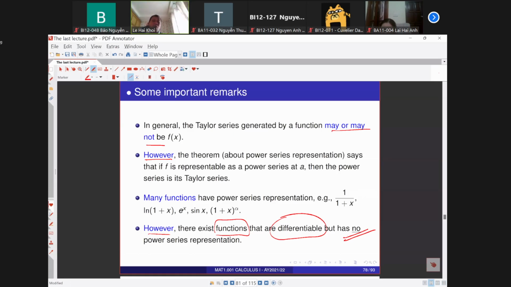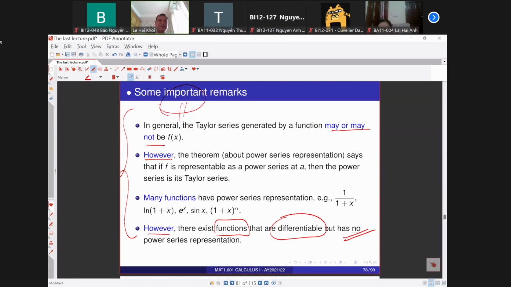Bởi vì nếu có power series representation thì Taylor series đã bằng chính hàm đấy thôi. Okay. So read these 4 points carefully. Try to understand the meaning of each point because they are important.